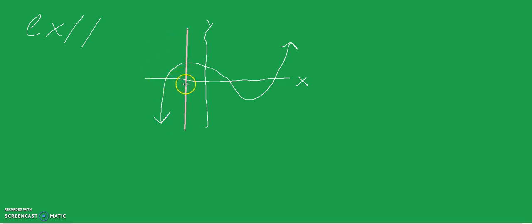For example, at this x value, it only intersects once. And if I move my line, let's say I have it right here, I can see that it only intersects once right here. If I can do that for any line that I draw, then I'll see that it is a function.